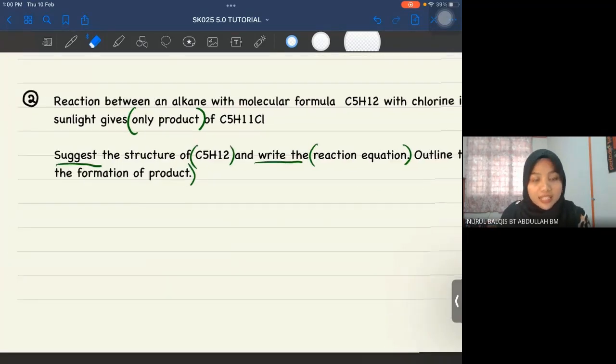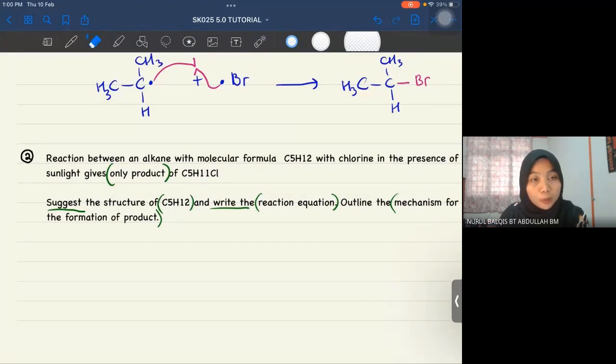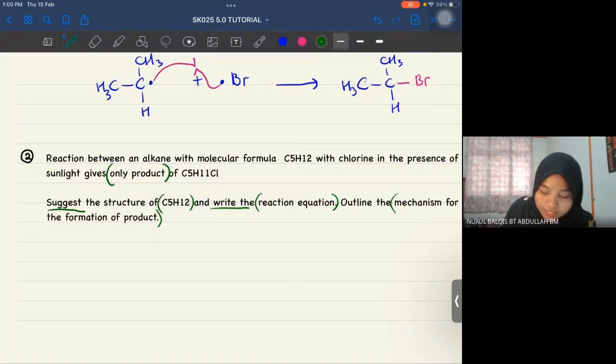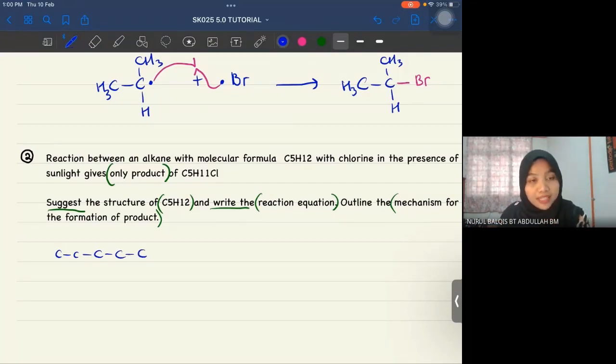Kita baru nak cari apa structure ni yang boleh bagi satu produk je. Okay, so we're gonna first start with the longest carbon chain. The longest carbon chain got 5 carbons. 1, 2, 3, 4, and 5. Okay. If let's say since we have alkane, what kind of isomer can be formed? Chain isomer.